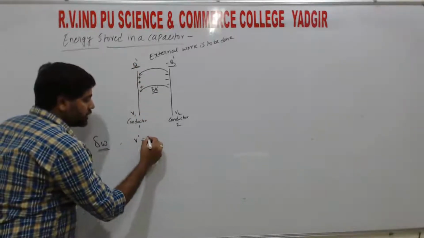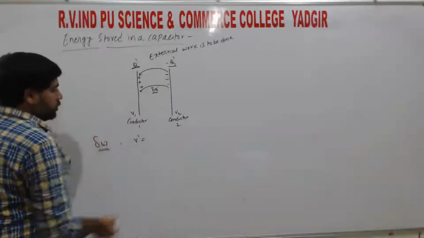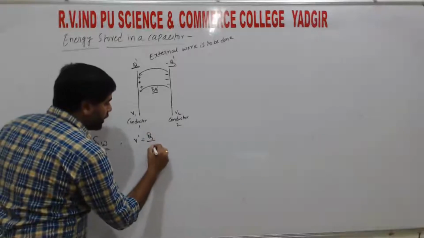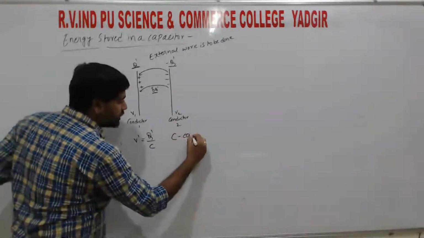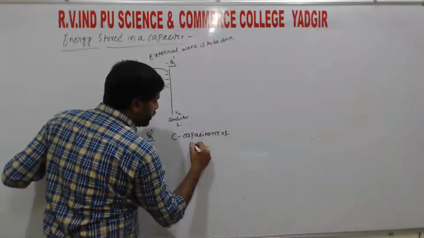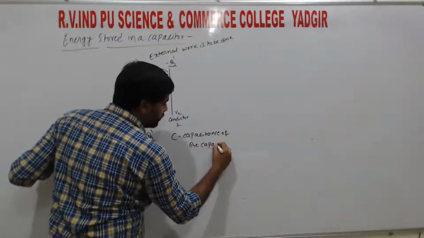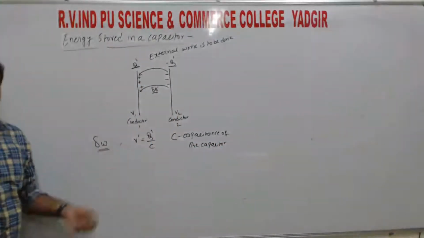So we know V dash is equal to q dash by C, where C is the capacitance of the capacitor, right?